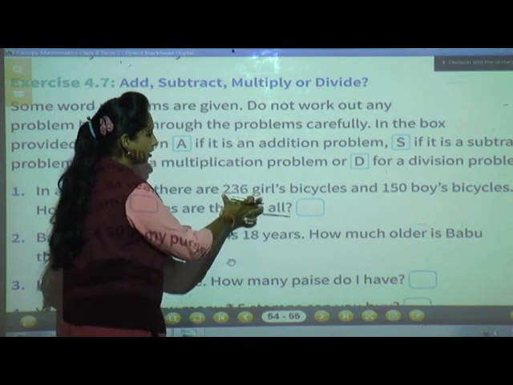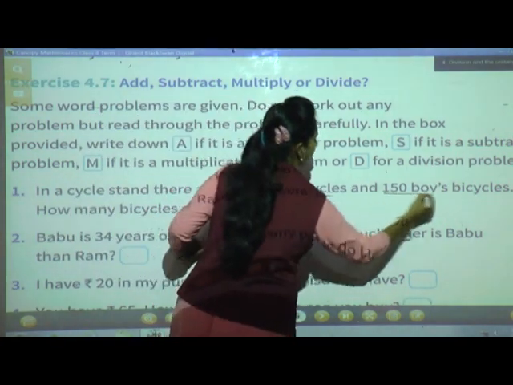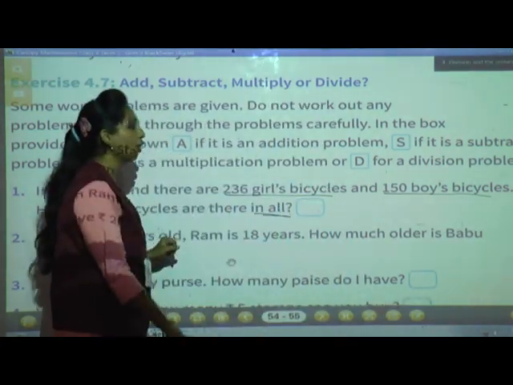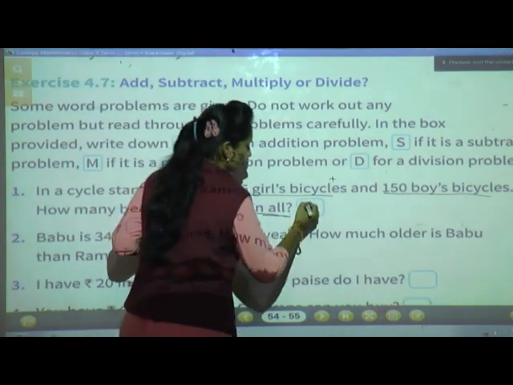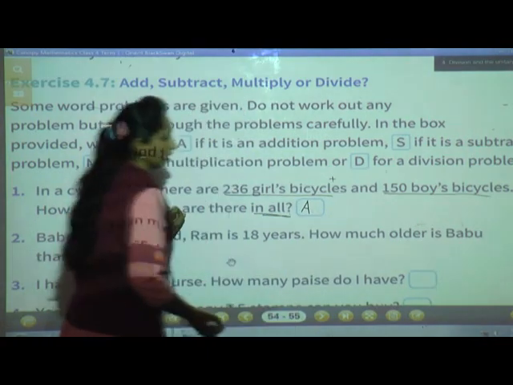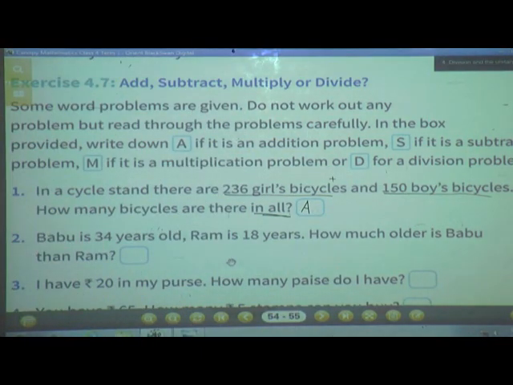When we add the girls' bicycles and the boys' bicycles. So we will add. Answer: A. A is the short form of addition. Got it? This much only you have to write. No need to do addition, subtraction, anything. Just write A. Clear?